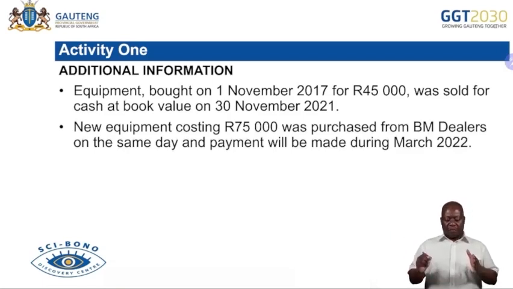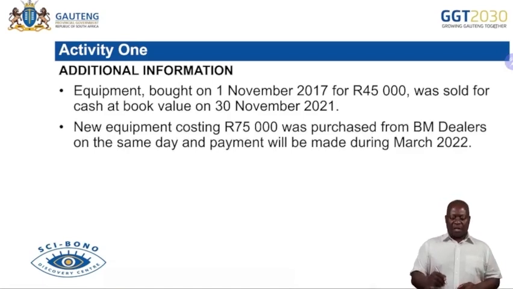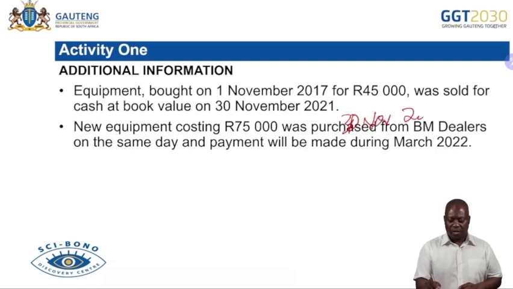The most important thing is that new equipment is being purchased for 75,000 and the date on which it is being purchased is the same date on which we are making a disposal, which means this is taking place on 30 November 2021 also.